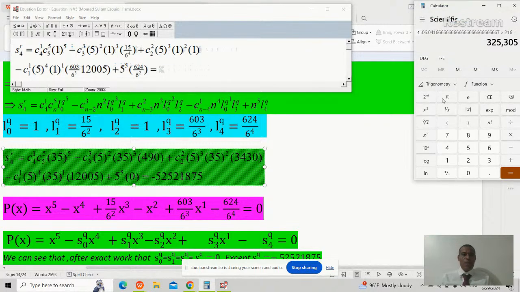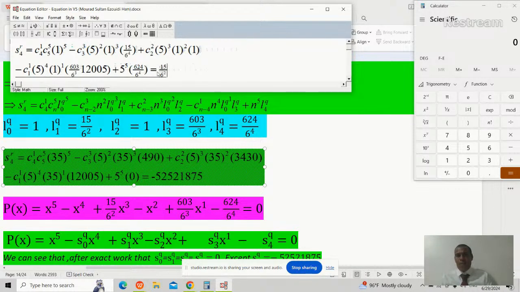I will use my own calculator. It's clear that this is 624 divided by 6 raised to the power 4, so the common denominator is 6 raised to the power 4. I will write it as a fraction and then calculate the numerator value. It will be 4 times 1 times 1, which is 4.